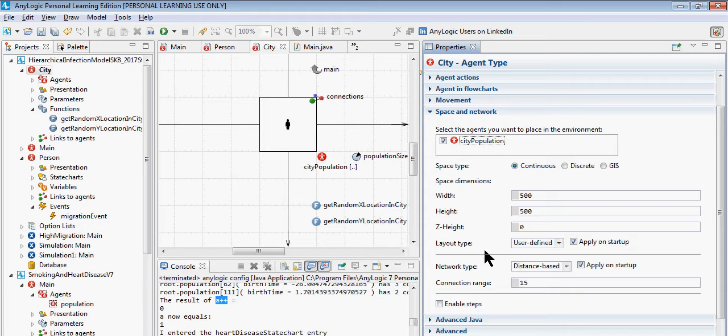You could actually start with a distance-based network and then add connections to it. The only problem with that is when you say apply network, it will sort of bring it back to purely distance-based. It'll throw away the extra connections, which is sometimes not what you want. So there's this thing called the user-defined network, which allows you to specify precisely your choice of connections. When the model's running, you connect to people, you disconnect them. And we'll see how that can be done in a little example sometime in the next day.